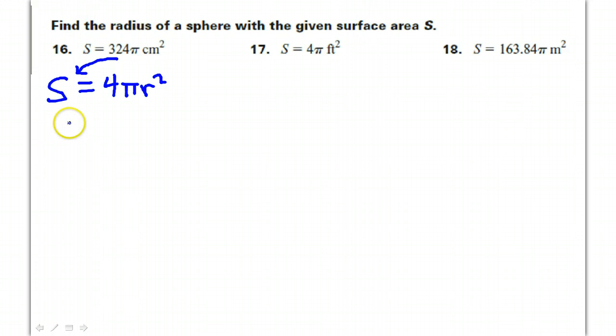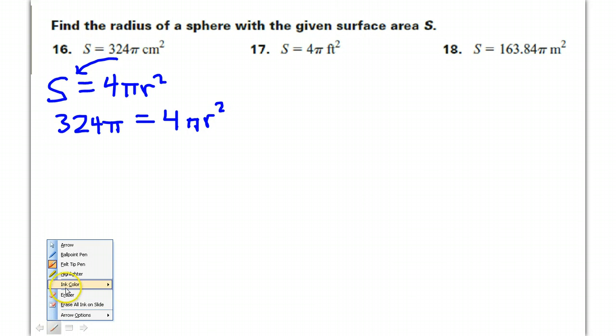So what's the answer? Well, so I have 324 pi equals 4 pi r squared. Okay, now what do I do, brother? We divide both sides by 4 pi.